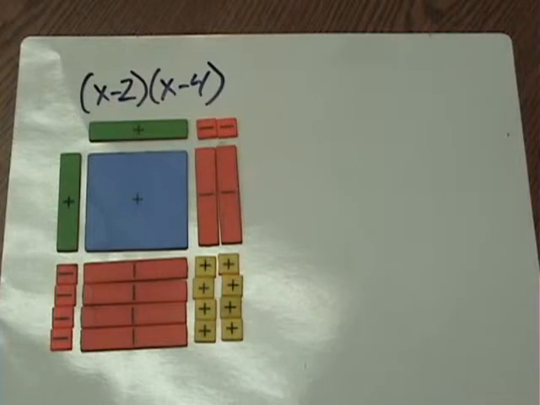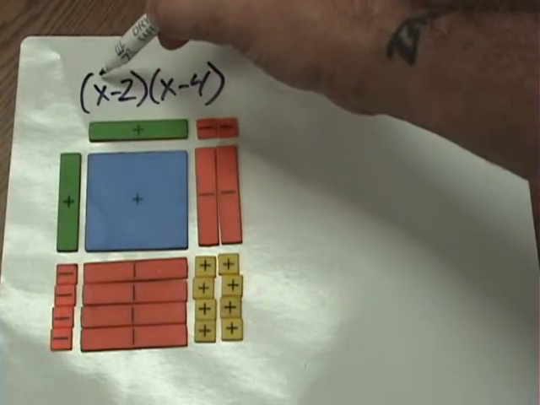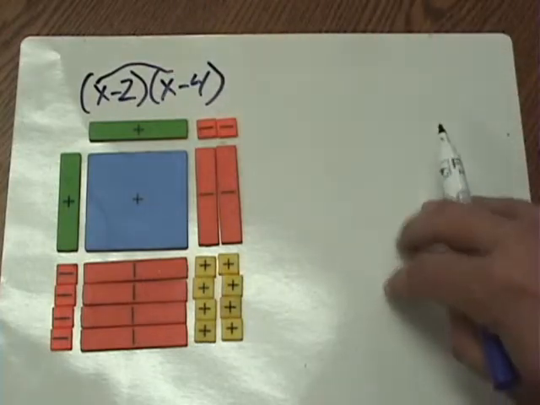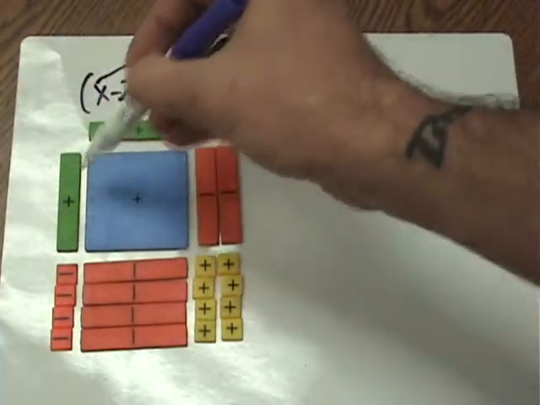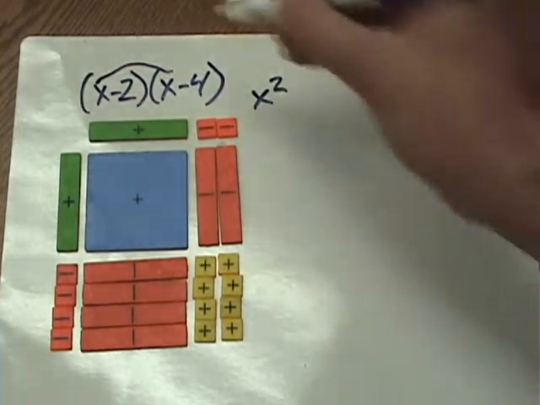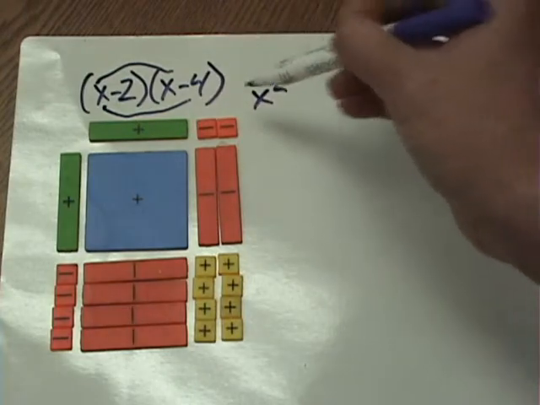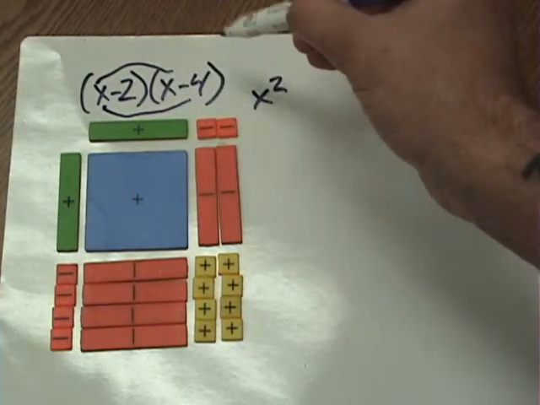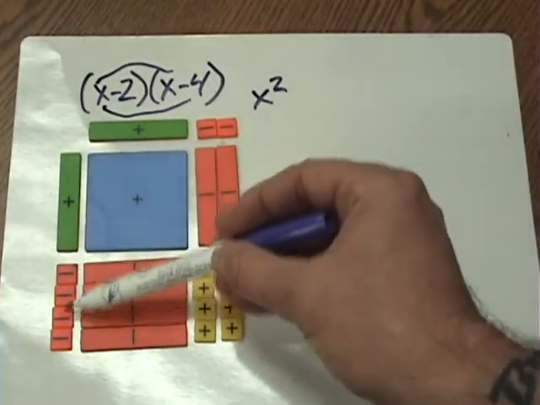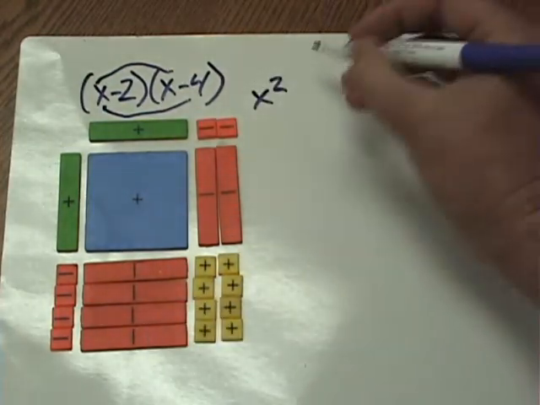So, using the FOIL method, if we took our first terms and multiplied them by each other, x times x, that's what we have here, x times x, which gives us x squared. Okay, our outside terms, I get negative 4x, because I have negative 4 times x.